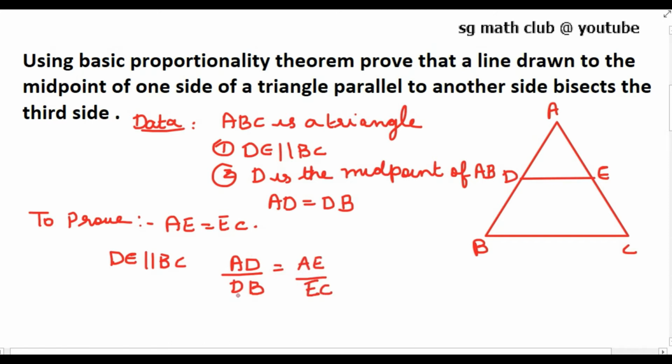Now AD is equal to DB, so this side becomes 1. 1 is equal to AE divided by EC. If you cross multiply, we have AE equal to EC, which is what we needed to prove. So E is the midpoint of AC, or it bisects the third side. Bisects means divide into two equal parts.